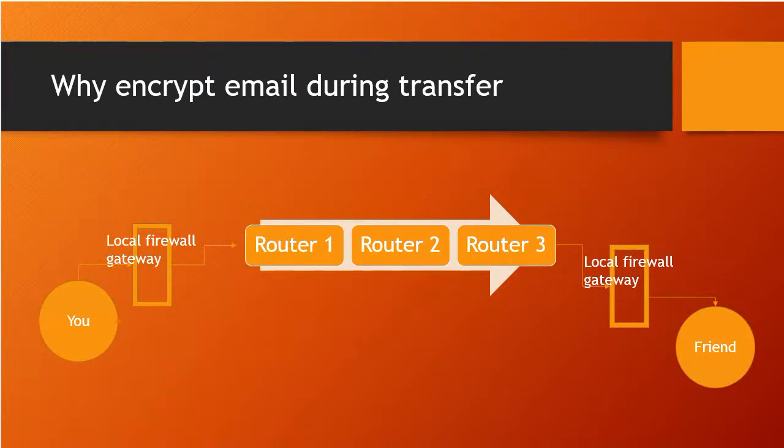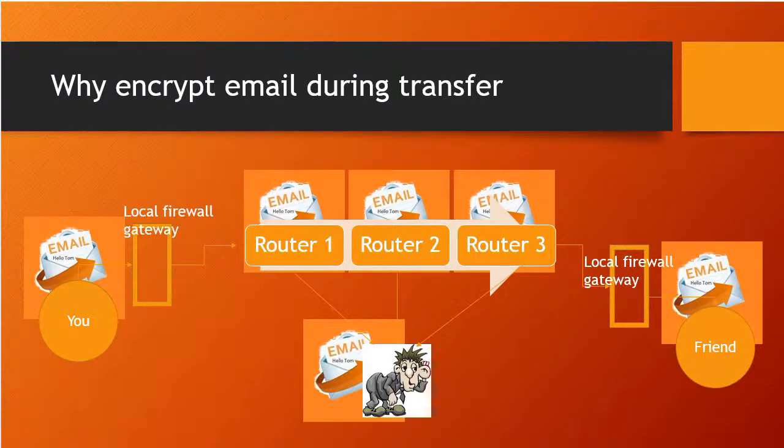In our email, when you send the email out, it goes to router 1, router 2, router 3, but there's a possibility that some bad guys are listening to those routers or other devices. They're monitoring.